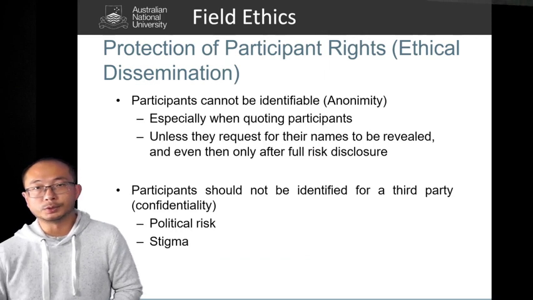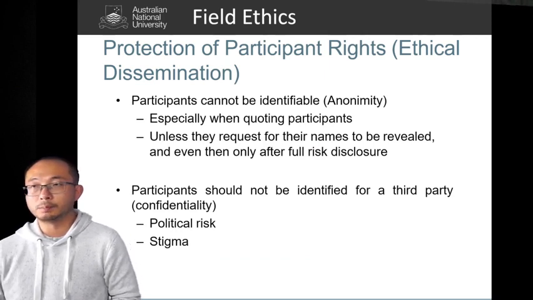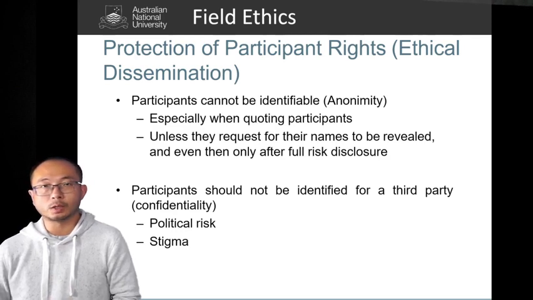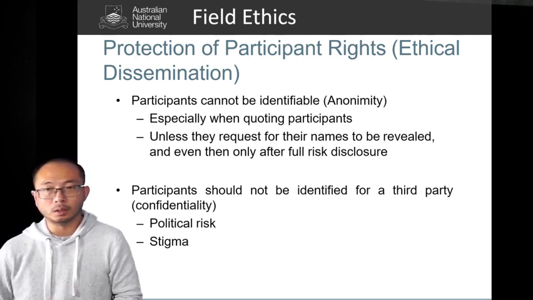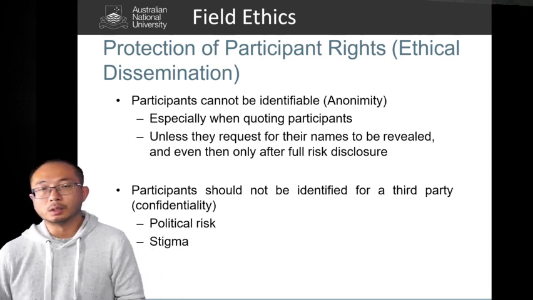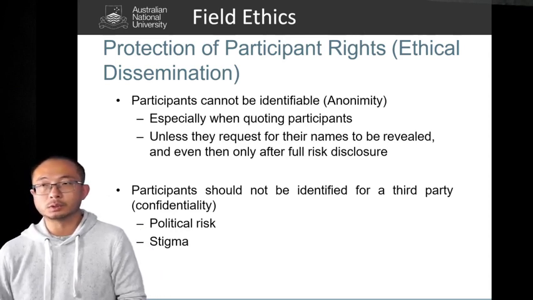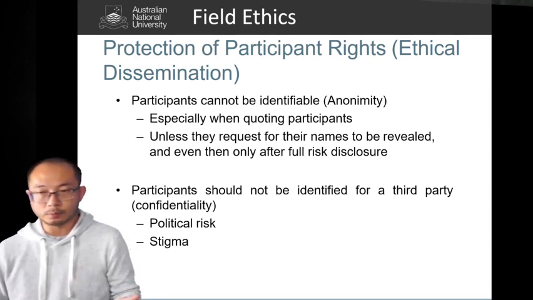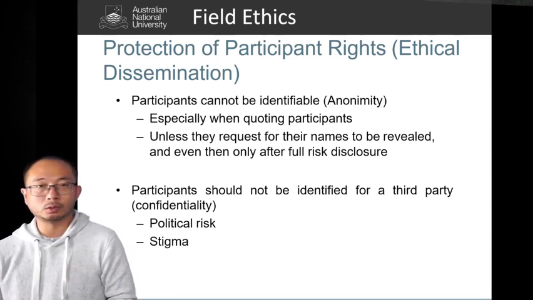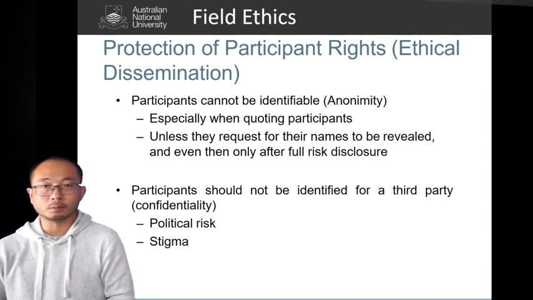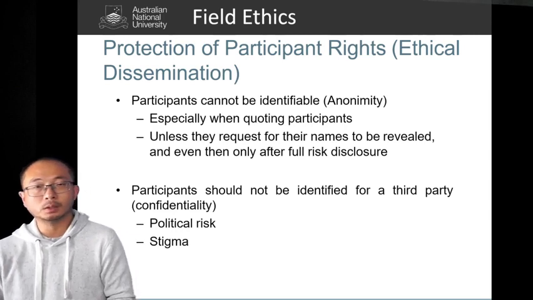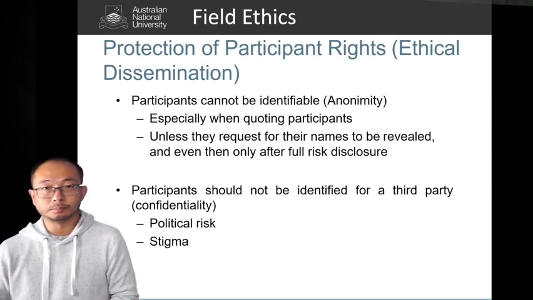We also need to protect participant rights. So if you work in places, especially where there are political sensitivities, this becomes very important. When you write up your research, or when you take your notes, participants cannot be identified, especially when you quote them.